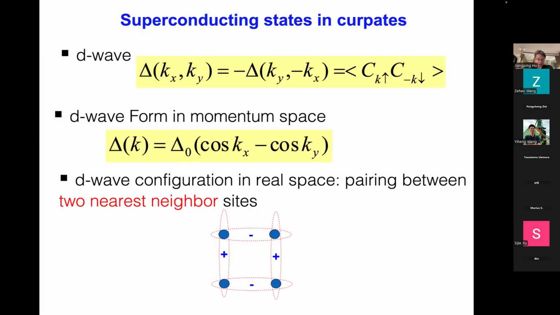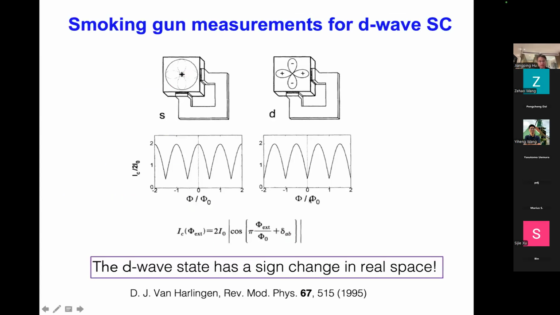So there's a real space sign change for the D-wave superconductors. If you have this real space sign change, you can make a corner junction like this, connecting the X direction and the Y direction by a loop.